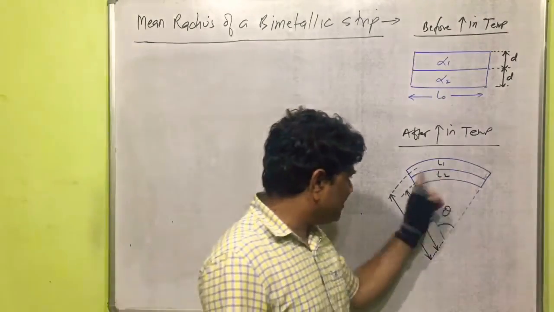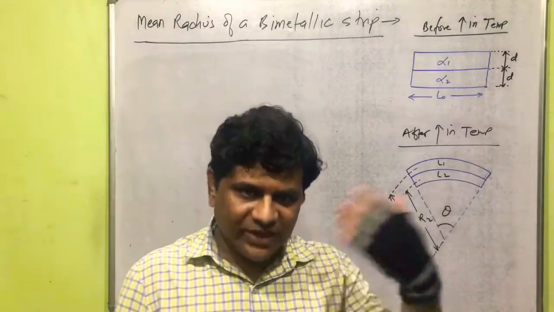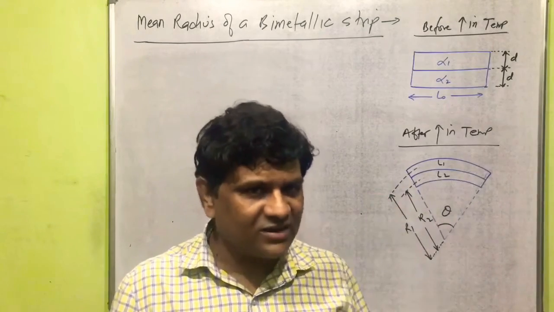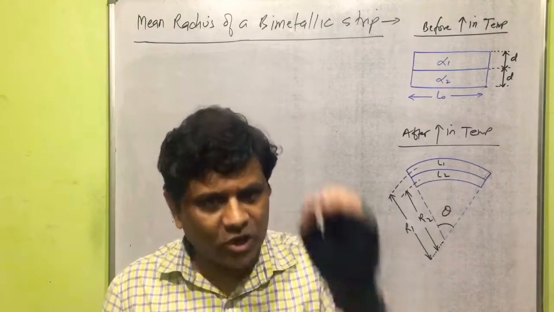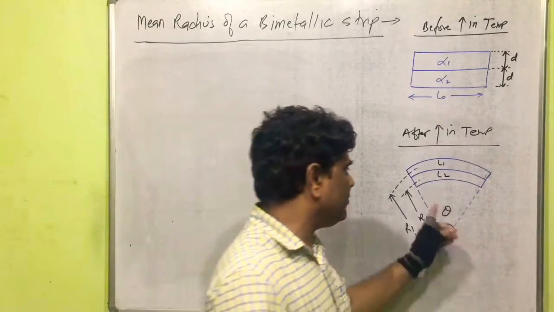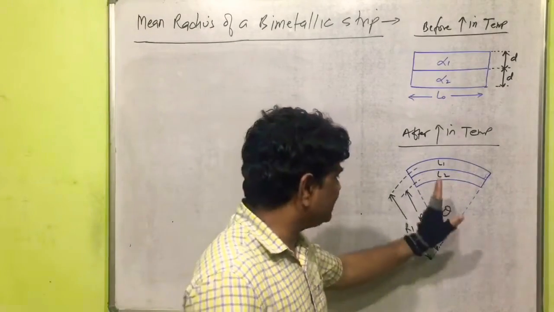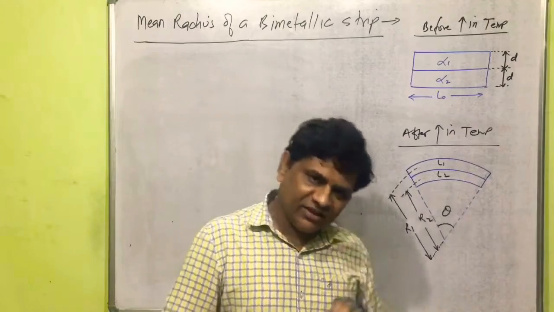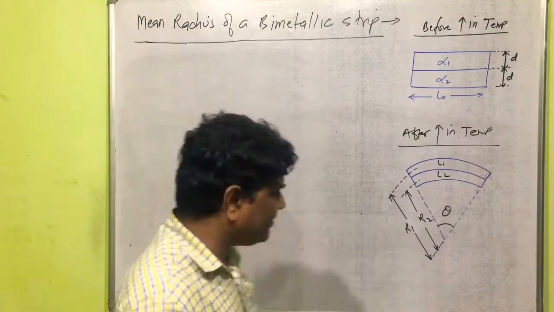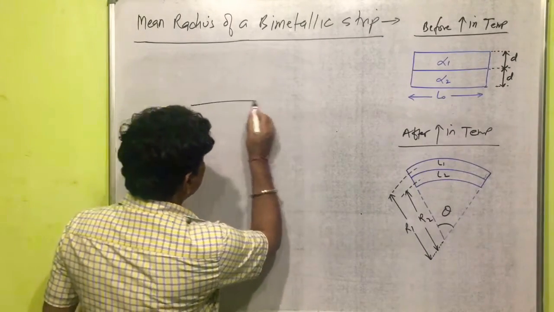Now the bending of the bimetallic strip looks very large, but actually it will not be very large. It is just for your better understanding that we are taking this diagram on the board here, otherwise the bending will be very small.